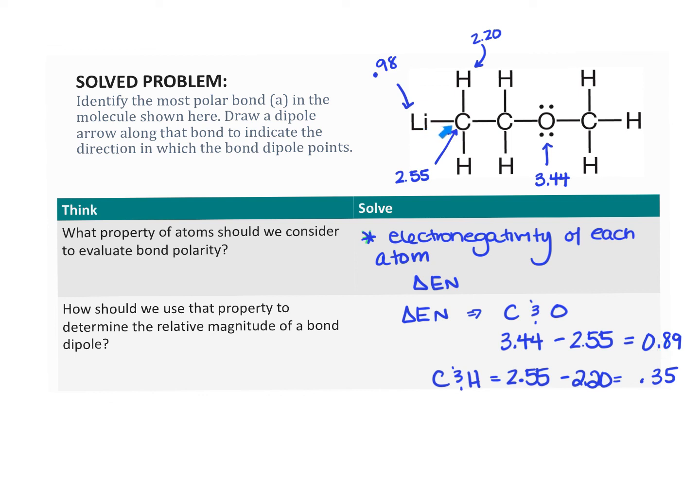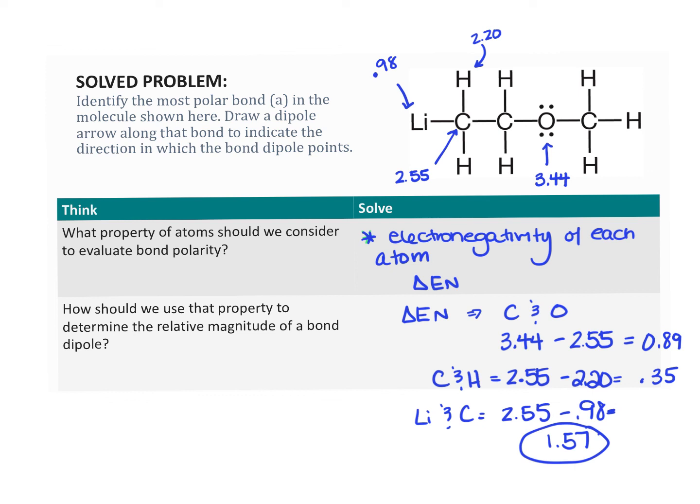But now I want us to look at this lithium and carbon. When we look at lithium and carbon here, that's going to be 2.55 minus 0.98. And that ends up being 1.57. And so that one has the greatest dipole, and we would consider it to be the most polar bond.